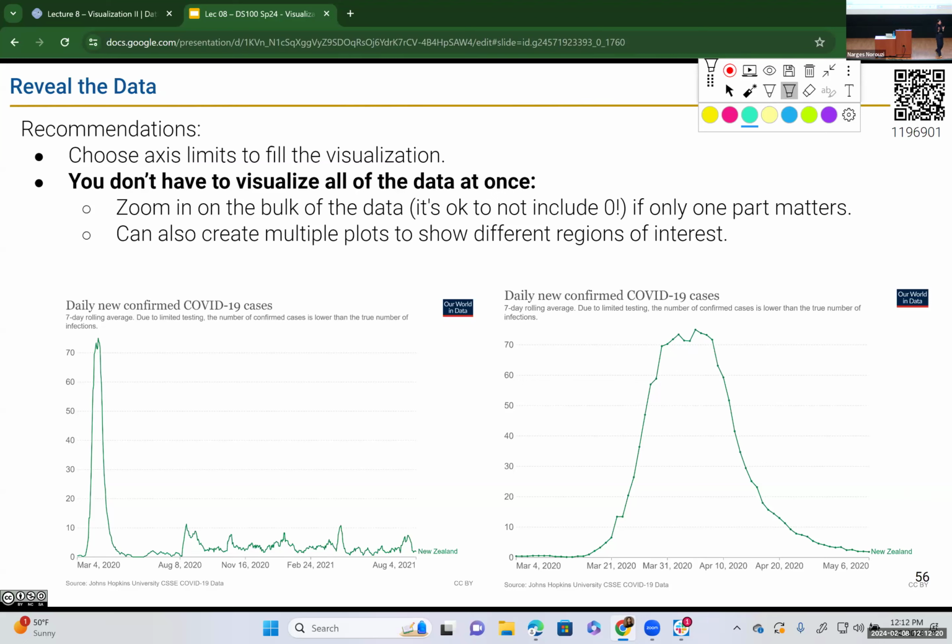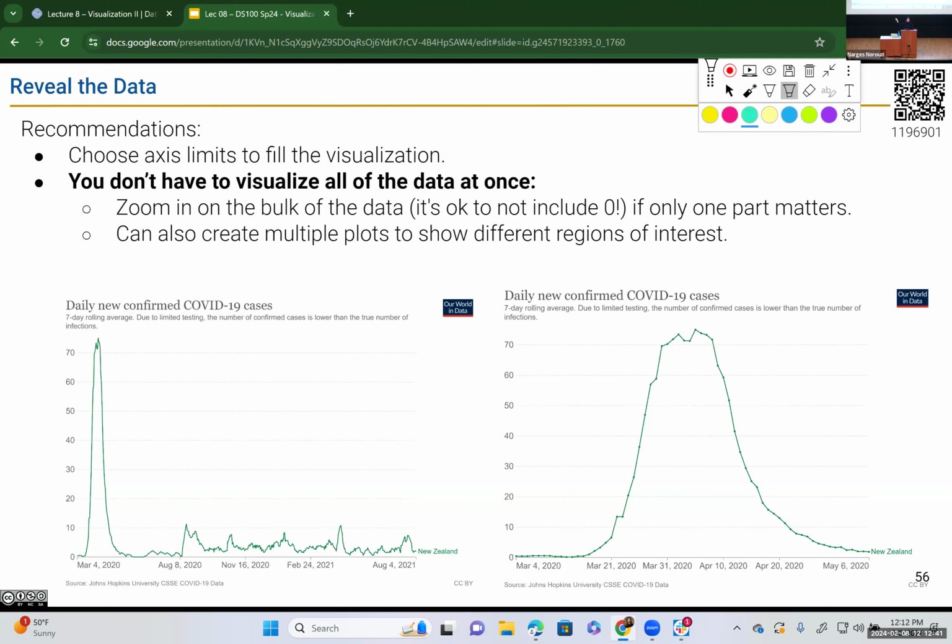One other thing to note is that if you're plotting something and you're focusing on one small region of the plot, you don't need to plot your entire data. And you don't need to visualize the entire data. So this is a plot of the number of COVID cases in New Zealand. I think this is before the Omicron wave.